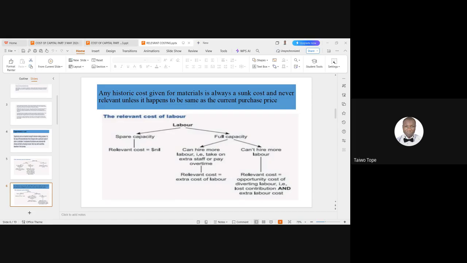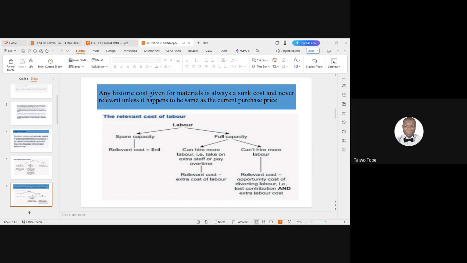Now, when it comes to the issue of fixed overhead or fixed cost, fixed costs are sunk costs. They are past costs.